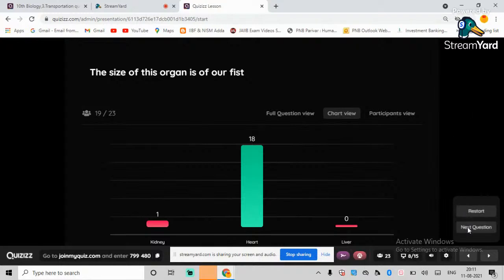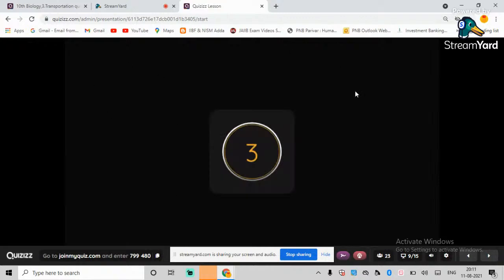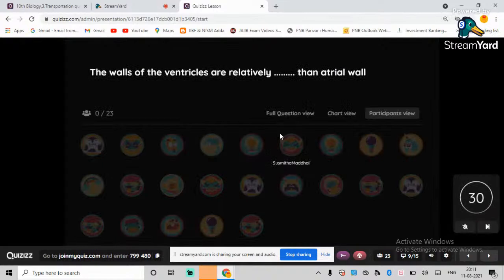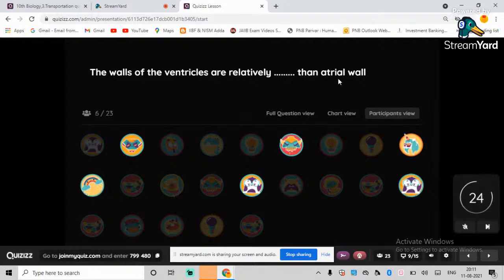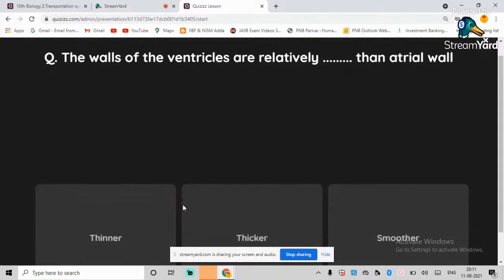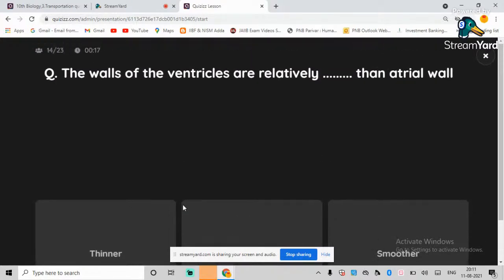So the ninth question is: the walls of the ventricles are relatively dash than atrial wall. So the options are thinner, thicker, smoother.